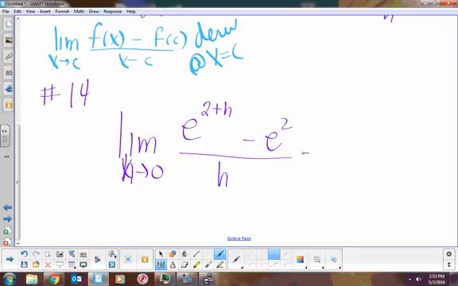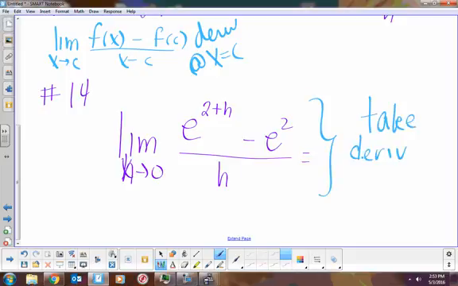And it just says equal. This is saying take the derivative of some function at x equal 2. All right? So, trying to do this limit, no way.